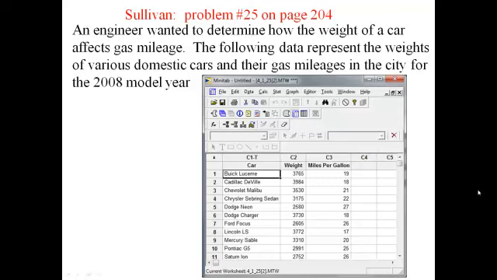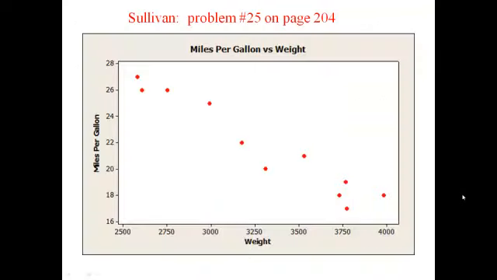Now this data set is available in Minitab, and it's also available as a StatCrunch data set. And if you recall, in one of our previous videos, we pulled this data up in Minitab, and we created the scatter plot you see right here. We've got two variables, weight and miles per gallon. Each dot represents an automobile.